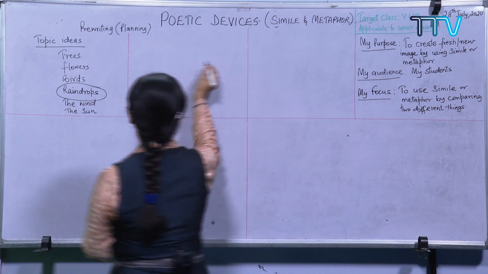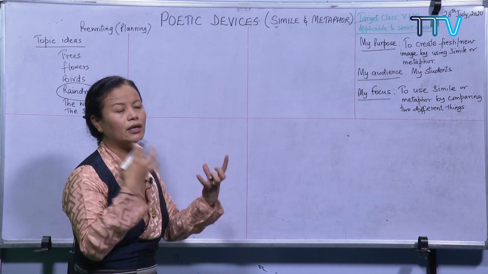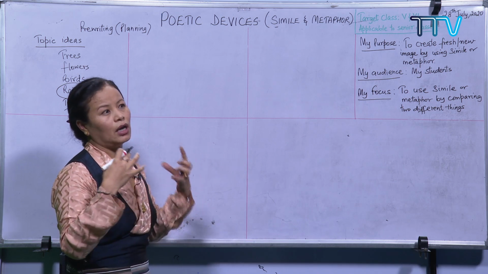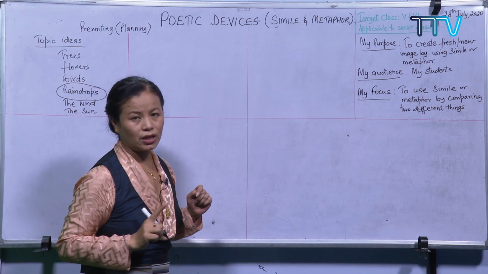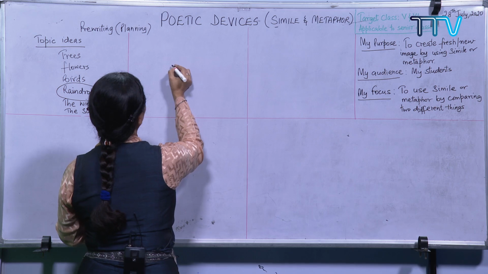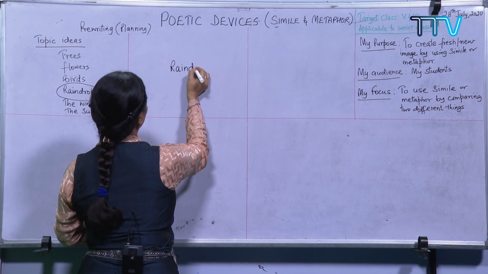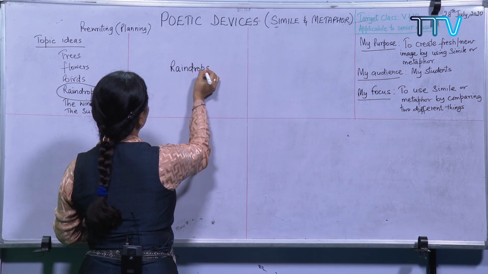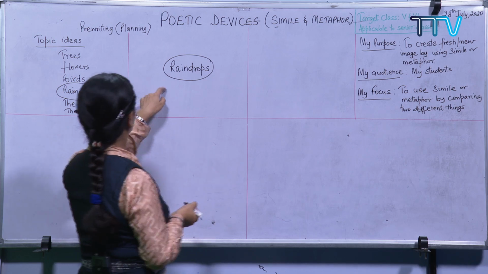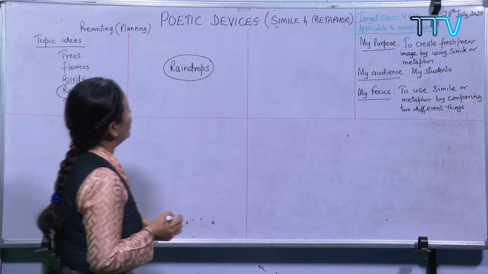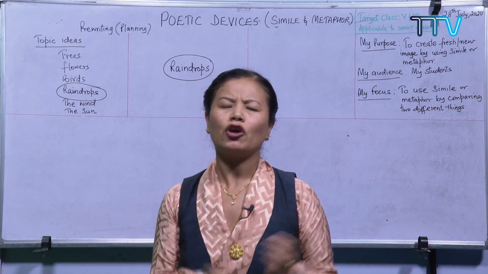So now I'm going to brainstorm what are the things I can write about raindrops. So I'm making use of clustering. The cluster map I'm going to use. Since this is my topic idea, raindrops, I'll put this in the center. And now what are the things that come to my mind when I think of raindrops?